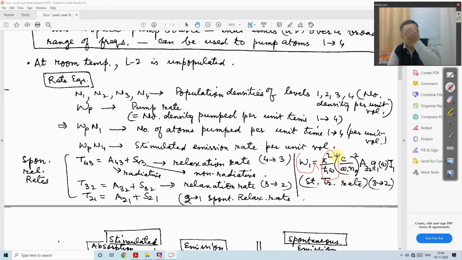We have written it in a suitable form, C by omega n naught squared A32 G1 omega I1, intensity of lasing transition, and A32 is 1 over T spontaneous for T2, which is the relaxation time for transition between 3 and 2.